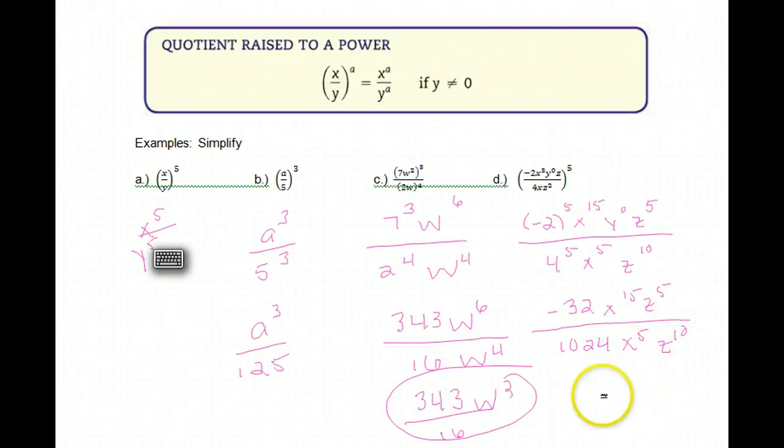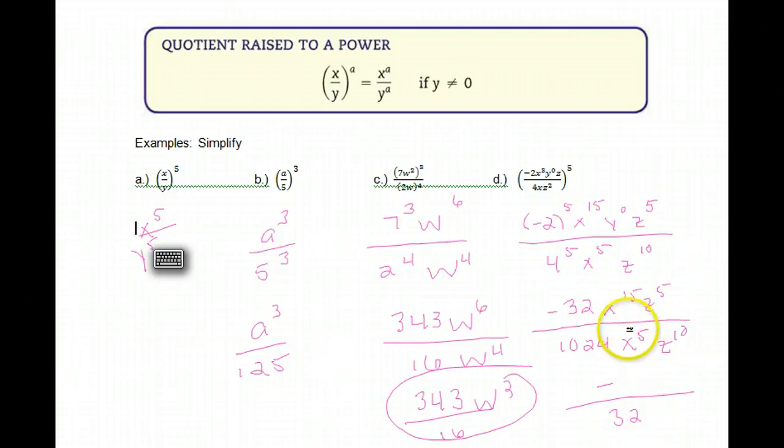I am now going to simplify my fraction of negative 32 over 1024, and that will simplify to negative 1 over 32. So for now I'm going to write a negative over 32 until I know what I need in my numerator.